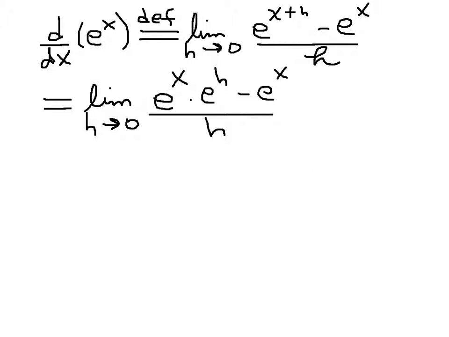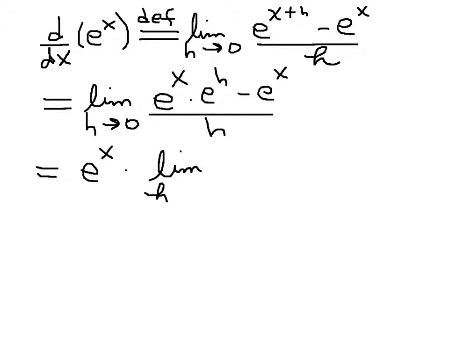Now, what's crucial here is that e to the x does not depend upon h. So h can go to 0, e to the x could care less. And so I can factor e to the x out of the entire expression.